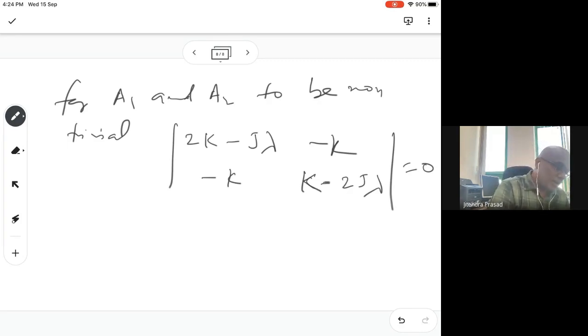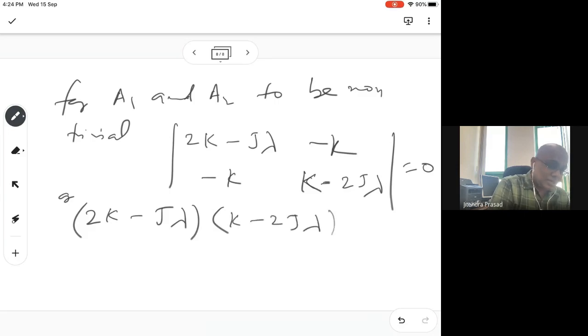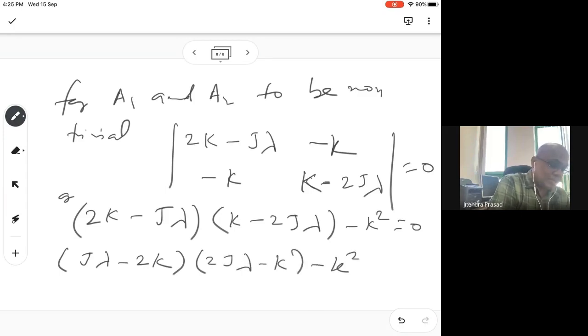Or we can say 2K minus J lambda times 2K minus 2J lambda minus K square equal to 0. Accordingly we can solve it. We can change the sign, so we can write J lambda minus 2K and 2J lambda minus 2K minus K square equal to 0, and we can expand it.